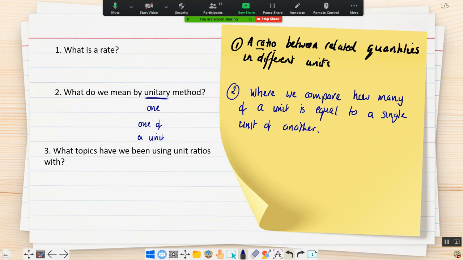So when we talked about speed, for instance, that was a big one. What was the measurement we always wanted as our single unit? So we wanted one measurement of, what was it, the distance or the time?